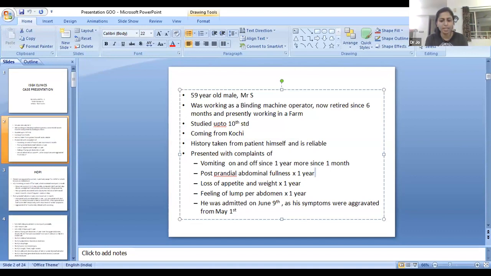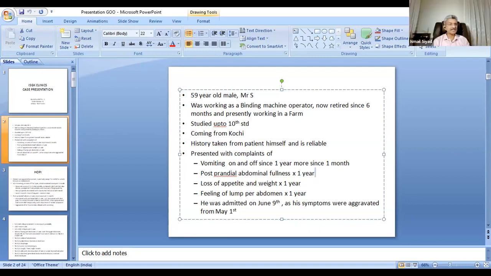He was admitted on June 9 as his symptoms were aggravated from May 1st. Patient was apparently normal 1 year back, except for hypertension, for which he was on medications.